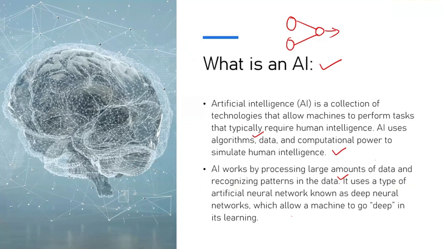So we can say that AIs can calculate much faster, and they can do a lot of things much faster than humans.